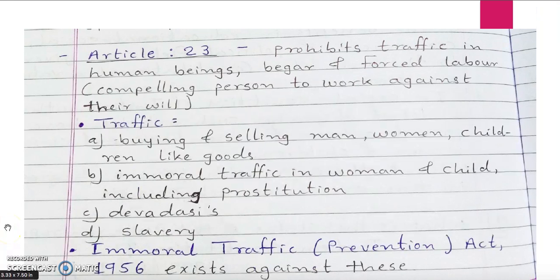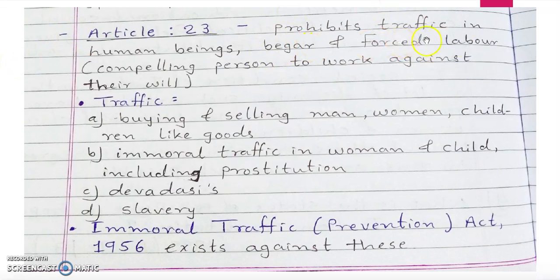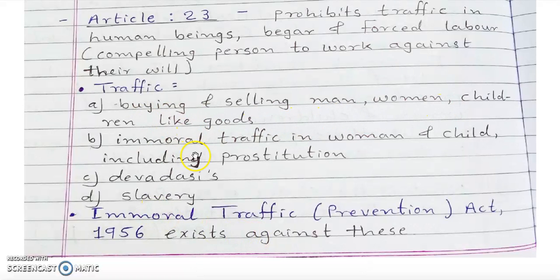Next is Article 23 of Fundamental Rights, which prohibits traffic in human beings, meaning buying and selling of people, women or children like goods. It is strictly prohibited under the Immoral Traffic Prevention Act 1956, which prevents buying and selling of men, women and children like goods, and immoral traffic in women and children, including prostitution.